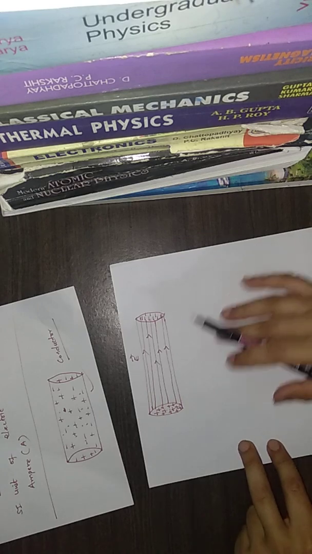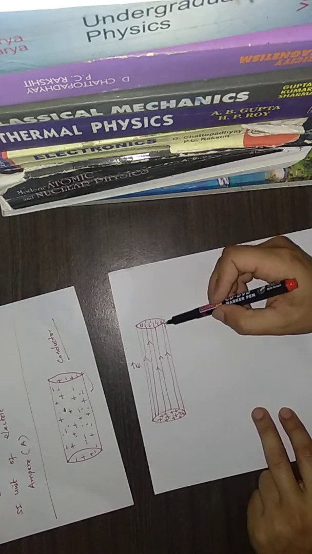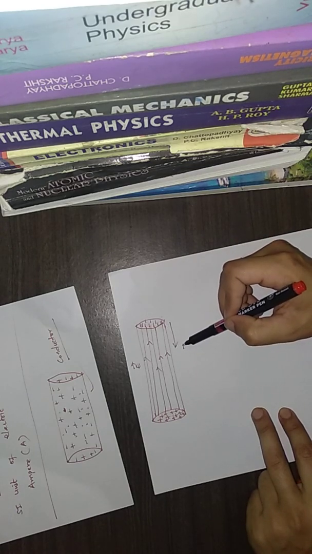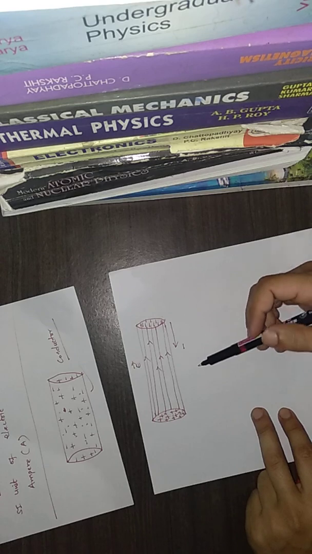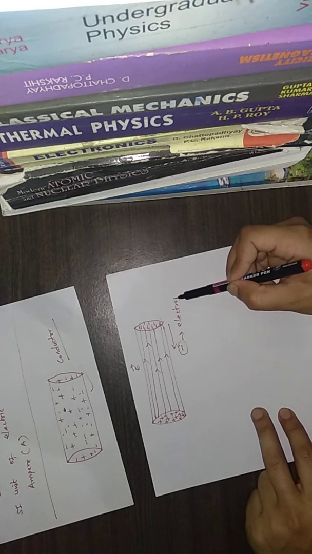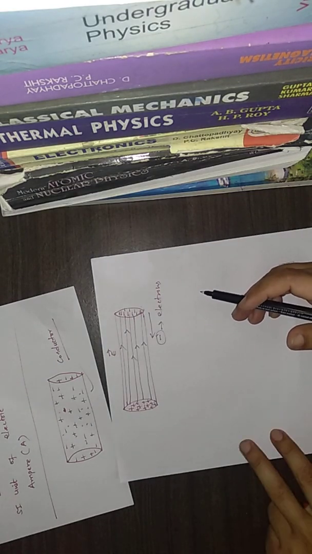Now if there is an electric field associated with this particular conductor, these negative charges start to flow opposite to the electric field. These negative charges, which are known as electrons, start to flow opposite to your electric field.